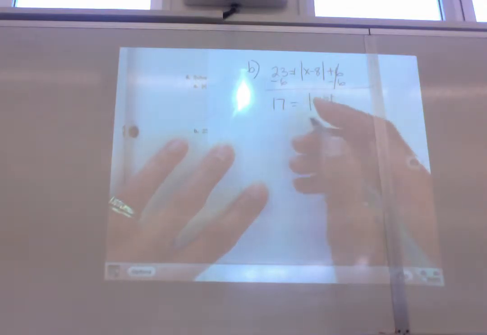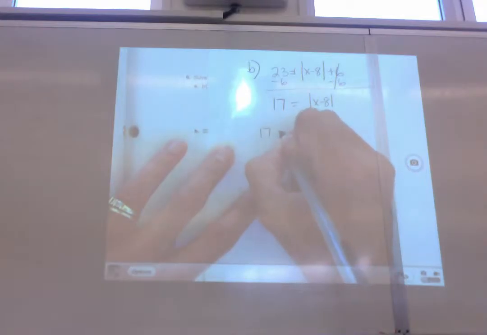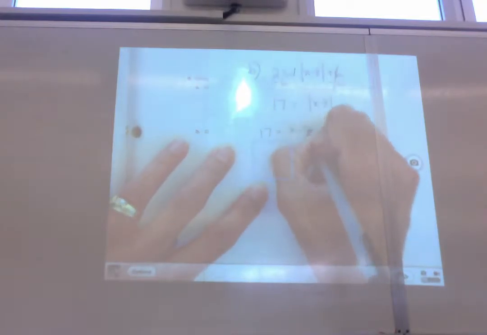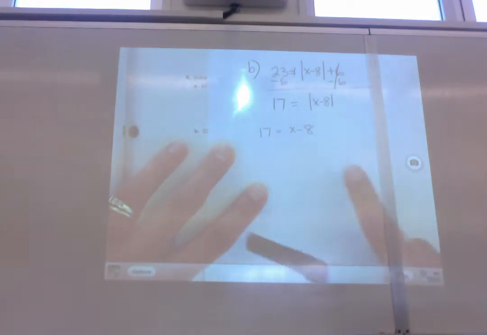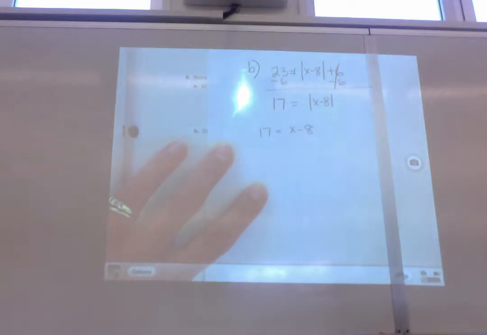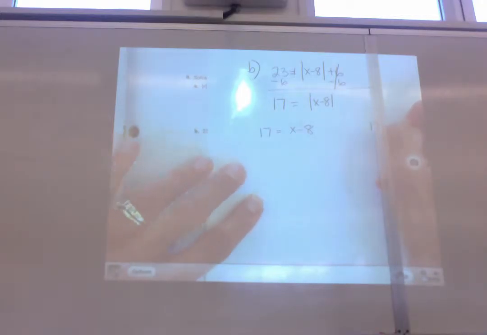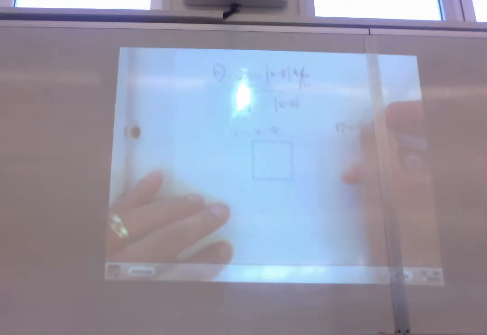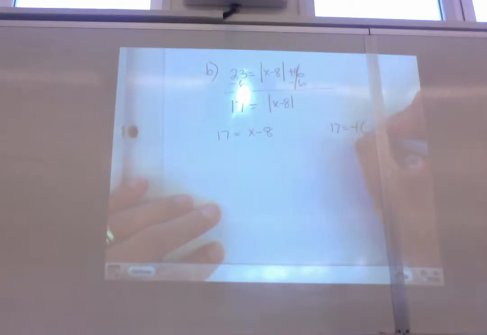options. Here's the positive option, 17 equals x minus 8. For the positive option, we just get rid of the absolute values. Here's the negative option, 17 equals negative 1 times the parenthesis, x minus 8.